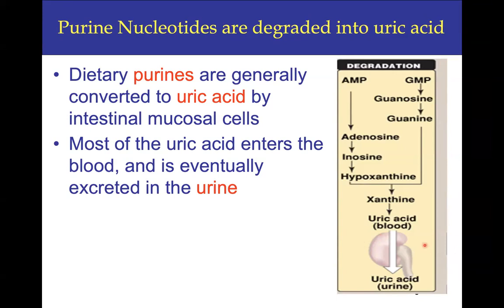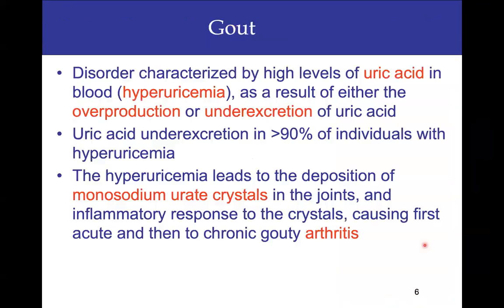Right, now coming to something called gout. What is gout? Gout is characterized by high levels of uric acid in the blood, so an elevated uric acid level. Either there is overproduction of uric acid, which can be for various reasons. It could be because there's overconsumption.